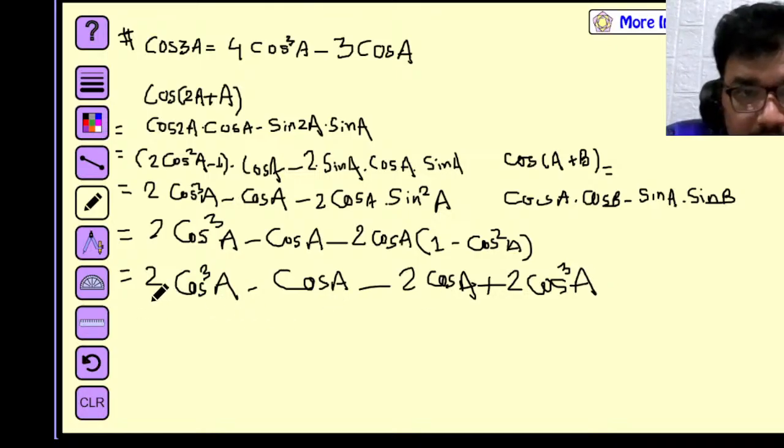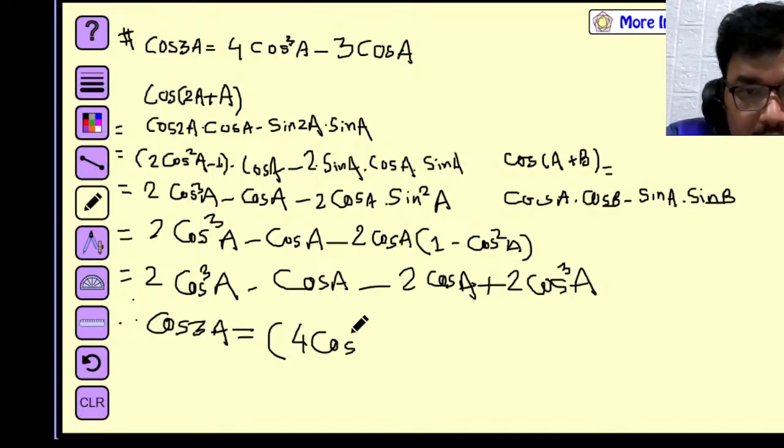Then what happened, look here: this 2 cos cube a and 2 cos cube a added, and the answer came. Cos 3a equals 4 cos cube a, this and this added, and minus cos a minus 2 cos a also added, there will be minus 3 cos a.